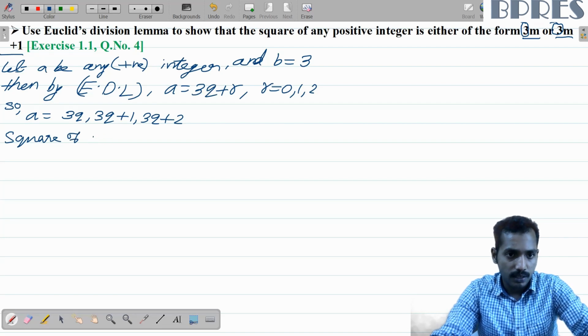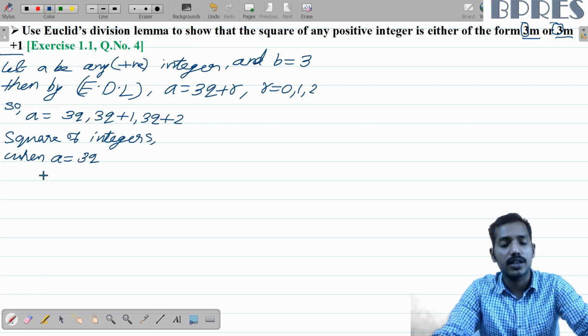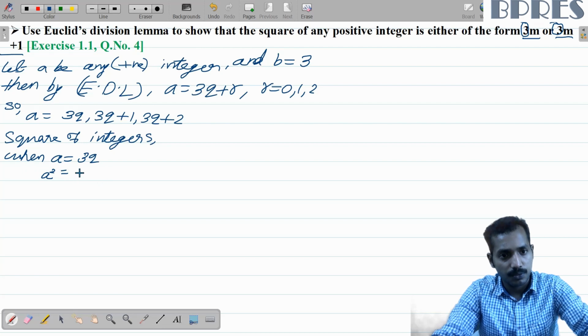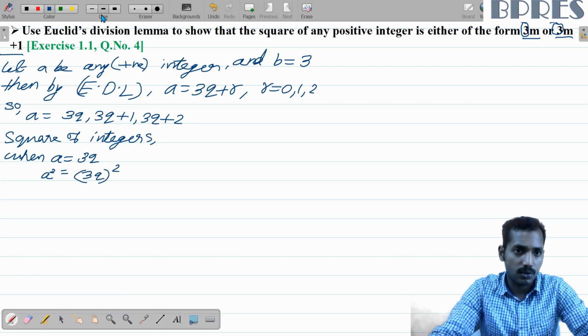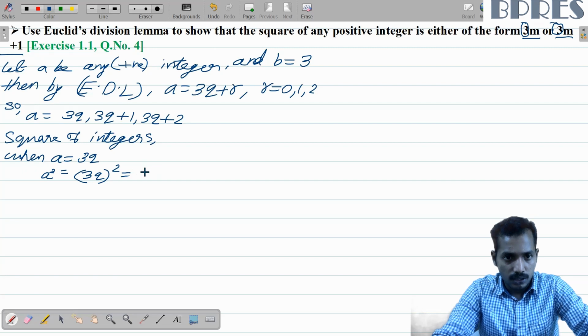Now the square of the integers. First let's take when a is equal to 3q. What happens when a is equal to 3q? a square is equal to 3q whole square, which is 3 into 3 into q square.